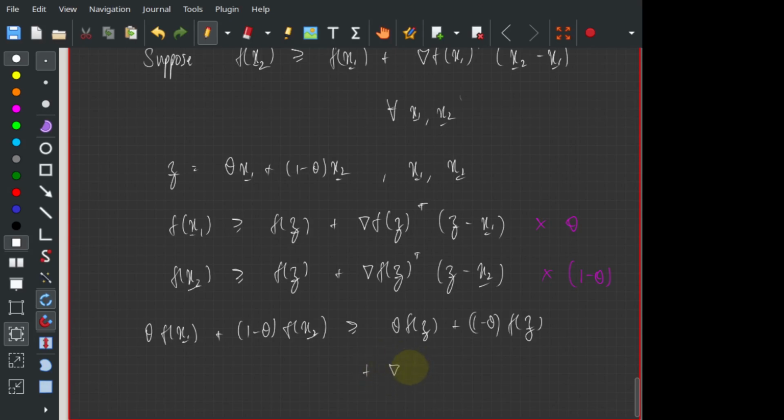So this is gradient f of z transpose times theta z plus 1 minus theta z minus theta x1 minus 1 minus theta x2.